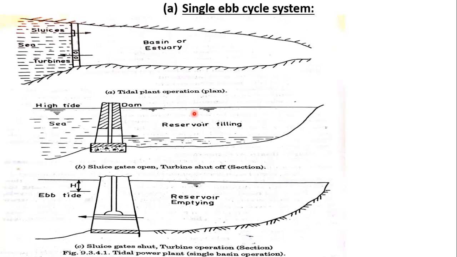So the pressure on the turbines will be more at some point, and up to that point the turbines will be running. After the pressure is increased onto the turbines because of the next high tide levels, the turbine will be stopped. And again, the sluice gates are open and the water is allowed back into the reservoir filling. So this is the process of the single ebb cycle system.